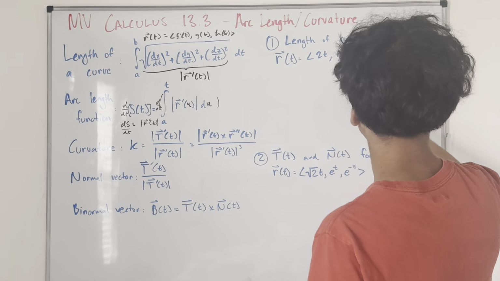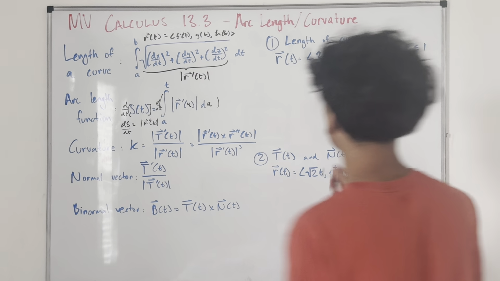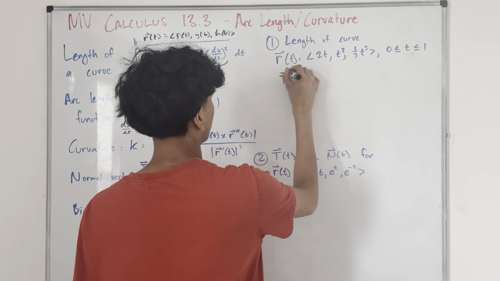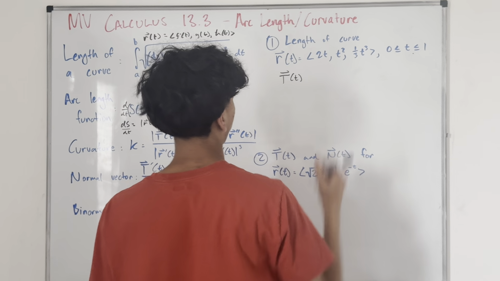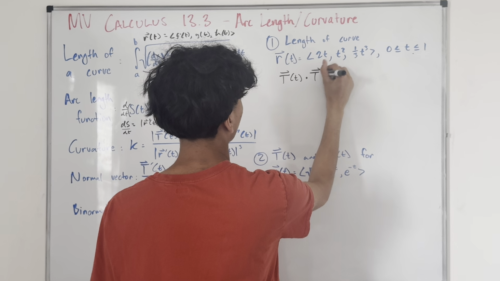What you can actually do, and let me show this to you, is say you have your tangent vector, just your good old tangent vector, and we take the dot product of the tangent vector with itself.